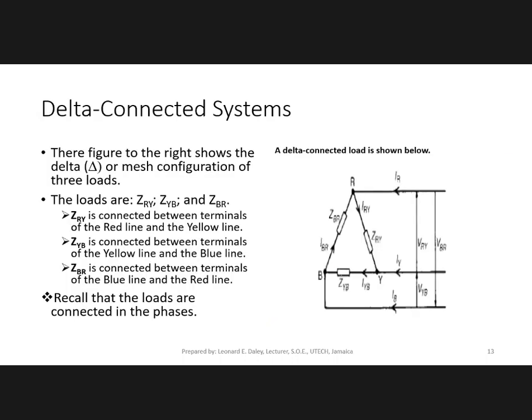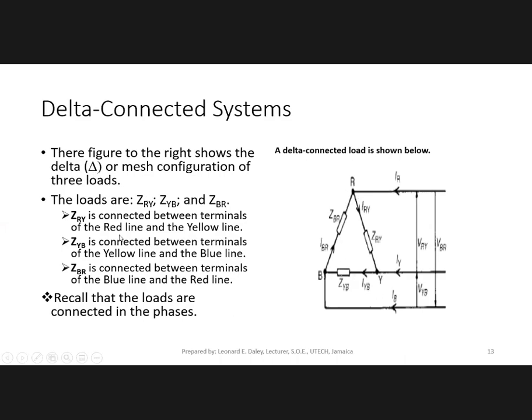All right, let us look at the delta system. Delta is also called mesh, and the Greek letter delta is also used as its symbol. You can notice the similarity with this circuit here.